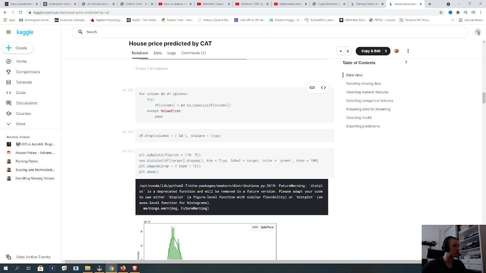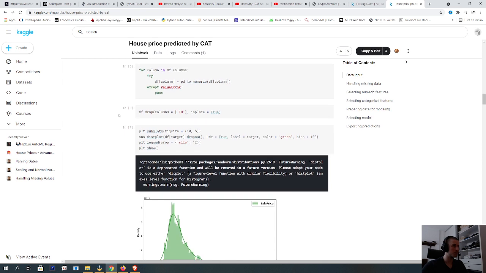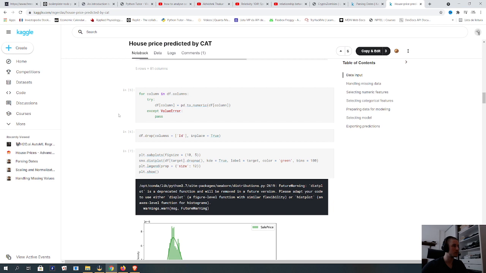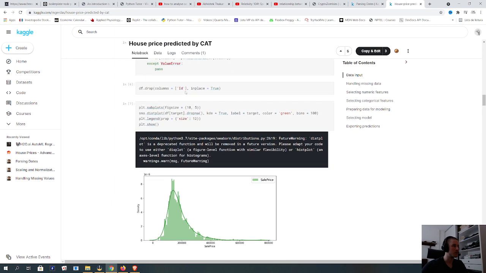So you think they are iterating through the columns. I don't know what numeric does. I guess it makes all the values numeric. Then he's dropping the ID column, which I think is the first one.